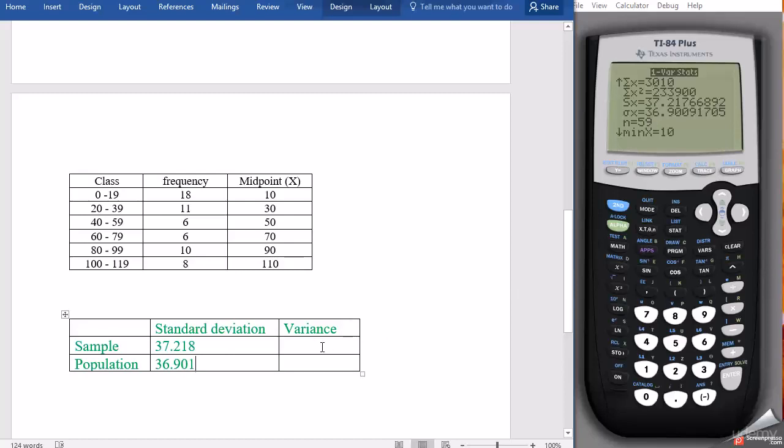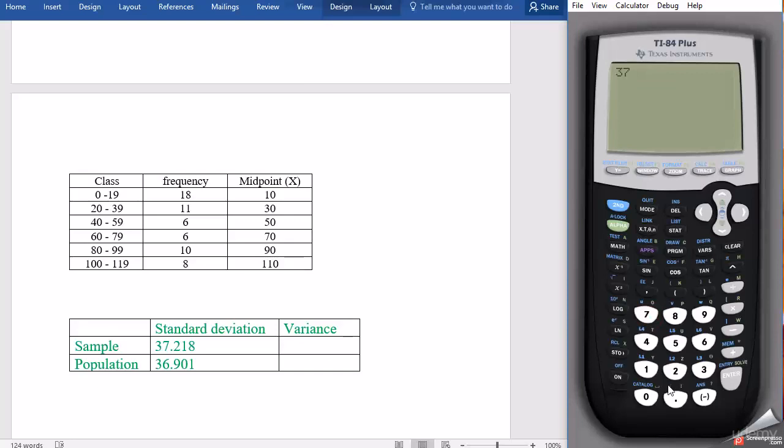Again, to get the variance, what do we do? We are going to square the sample standard deviation and the population standard deviation. So we're going to take 37.218 and square it. That gives me 1385.180, rounding to 3 decimal places.